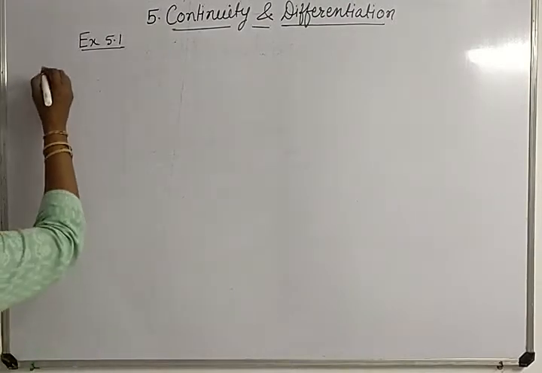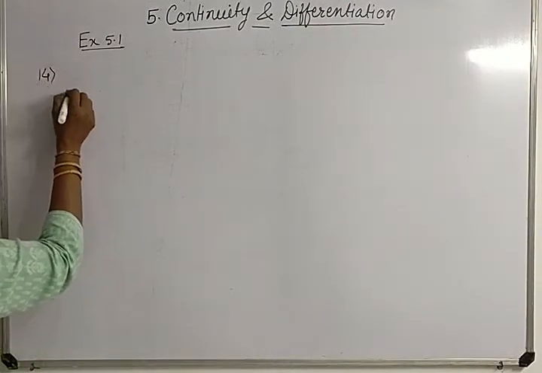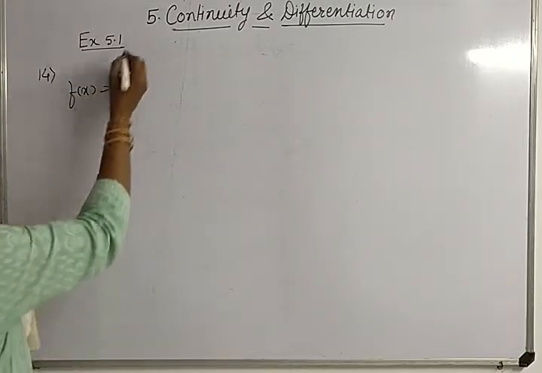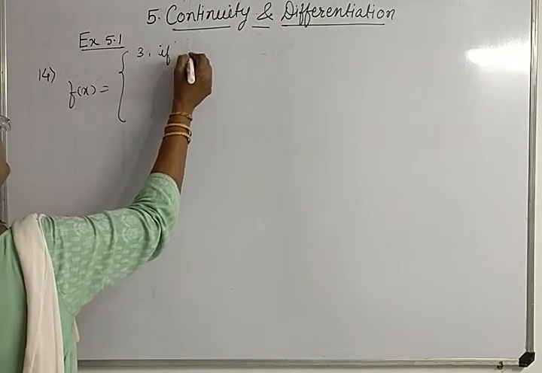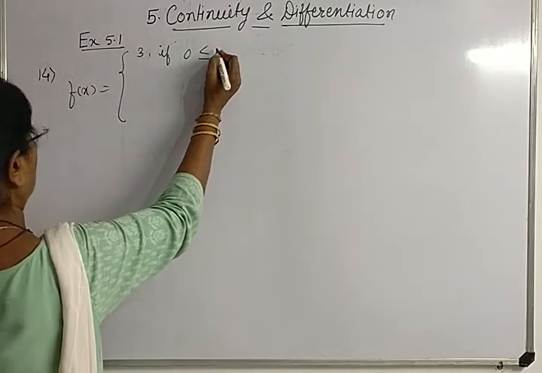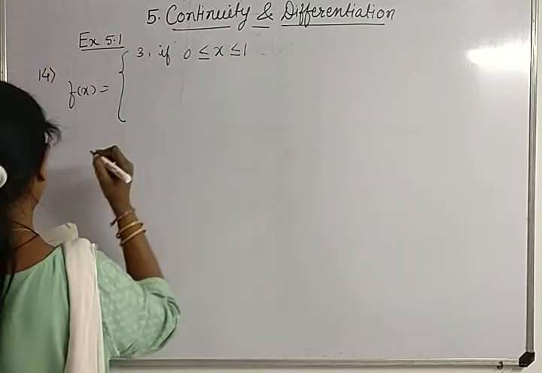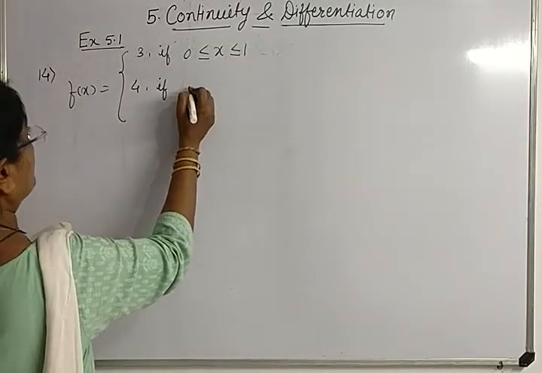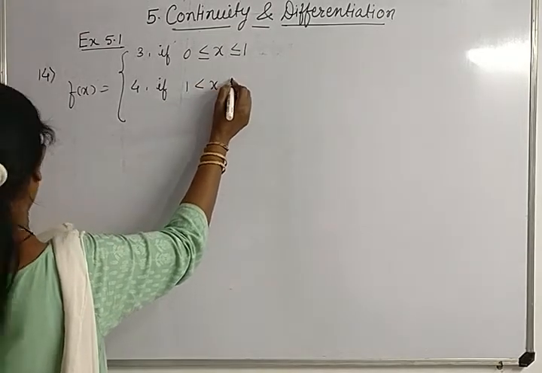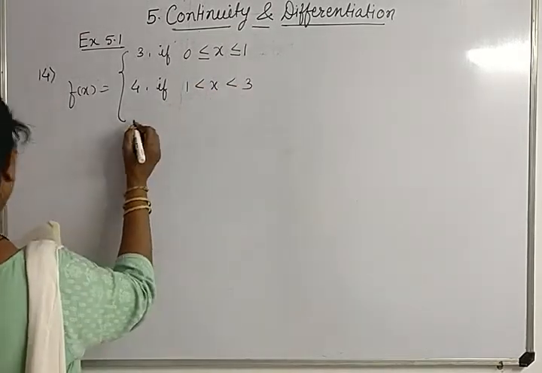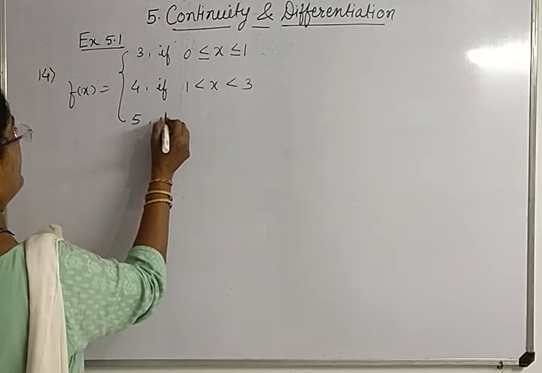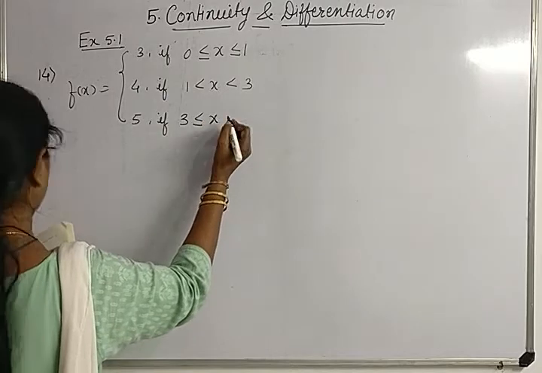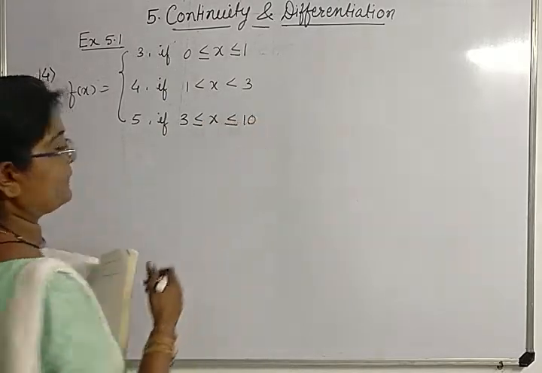Now question number 14, f of x equal to 3 if 0 is less than or equal to x and x is less than or equal to 1, equal to 4 if 1 is less than x and x is less than 3, equal to 5 if 3 is less than or equal to x and x is less than or equal to 10.